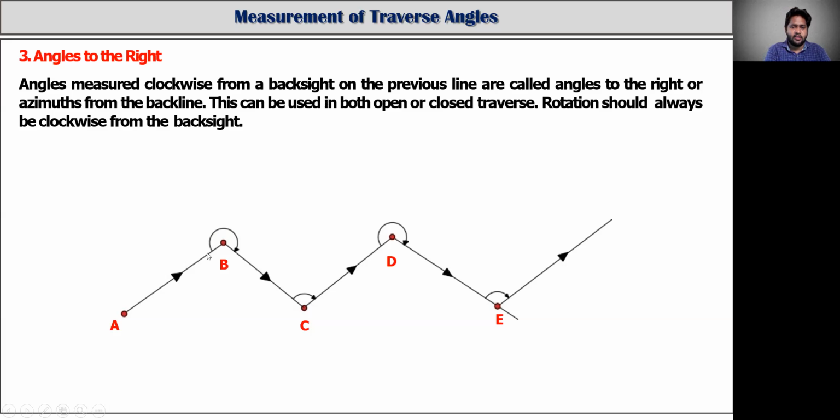If you observe here, this is a clockwise direction, and this is also a clockwise direction. So from the back side, if you are measuring the angle in a clockwise direction, that is called angles to the right.